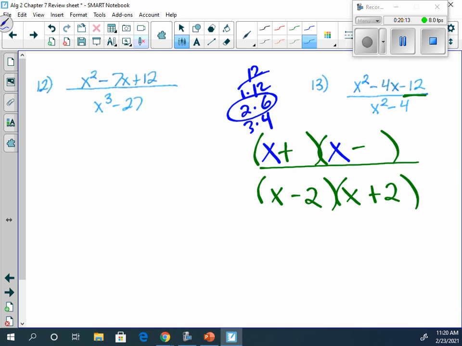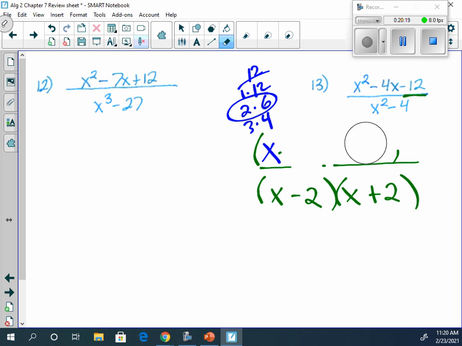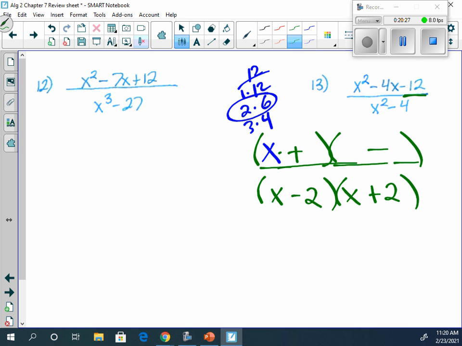And we look at the overall problem. Nope. Almost. Try this again. Plus, minus, x. Because here the middle term is what? Negative. So we don't want the 6 to be positive. We're going to want the 6 to be negative.